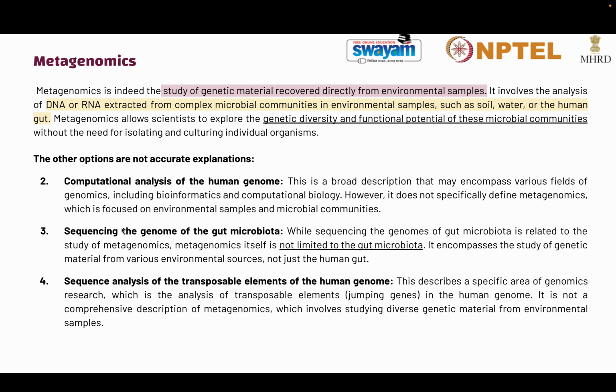Yes, gut microbiota also comes under metagenomics, because we have discussed that different environmental samples are taken and one is the human gut. But why is it not accurate? Because metagenomics is not limited to the gut microbiota. There are other samples taken from soil or water. So that's why this option was not accurate, but option 1 was accurate, which means that we are taking the information of the environmental samples.